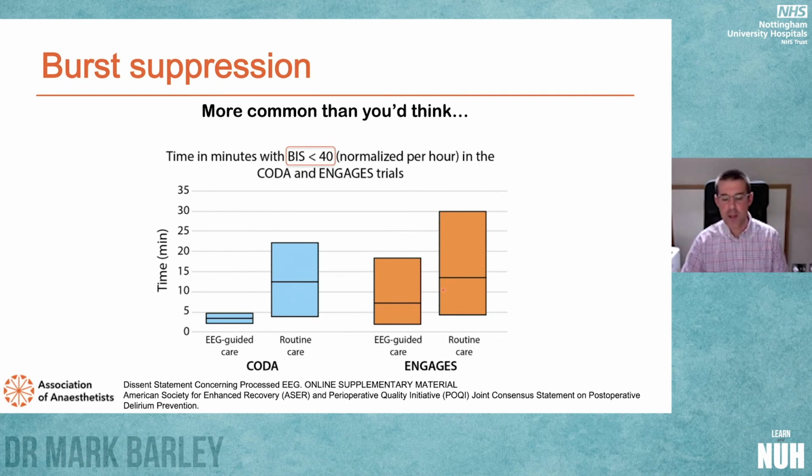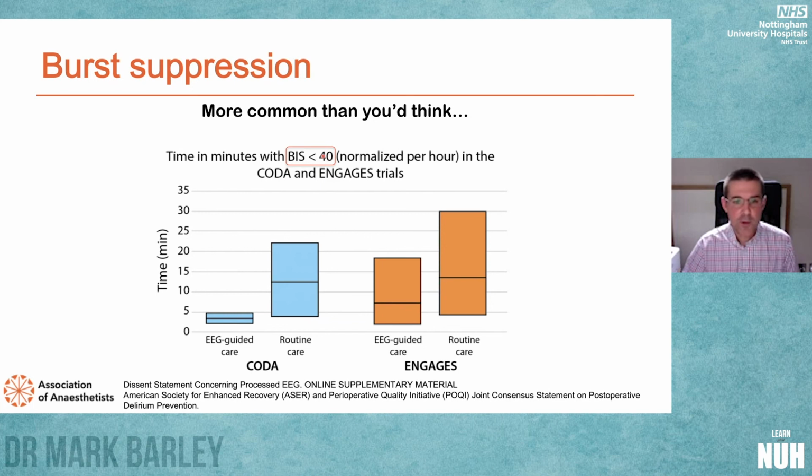Both papers found that yes, if you use a processed EEG monitor, your patients were not as burst suppressed as they would be if you didn't use a monitor. However, CODA demonstrated a reduction in delirium, ENGAGES didn't. The reasons for that we'll explain when we talk about the vulnerable brain.